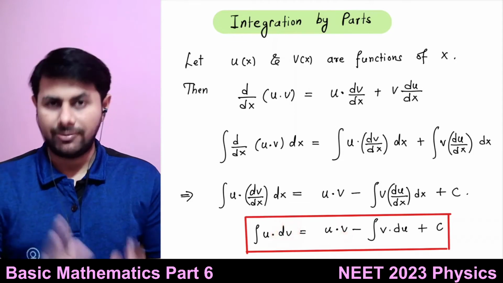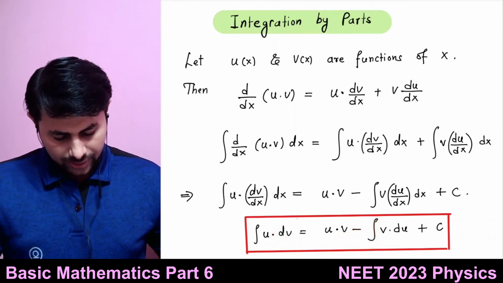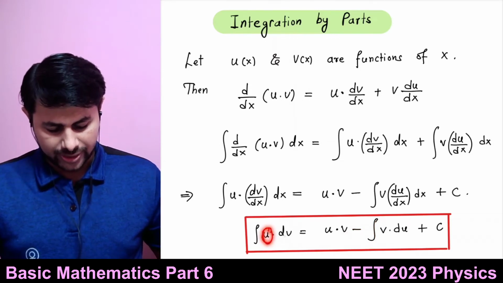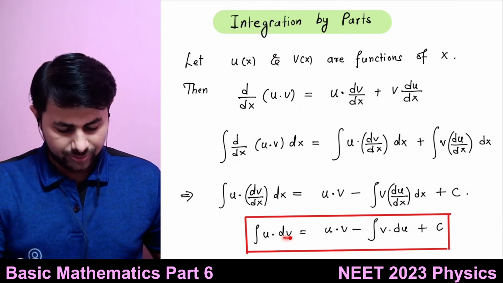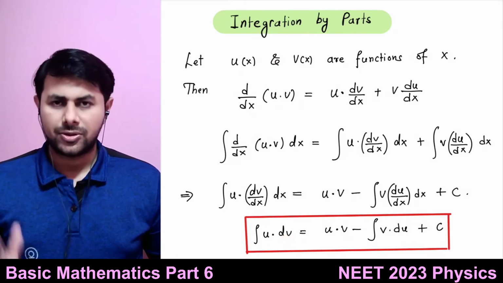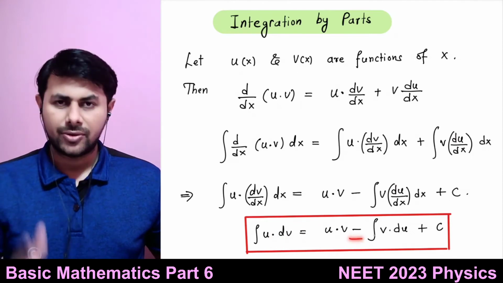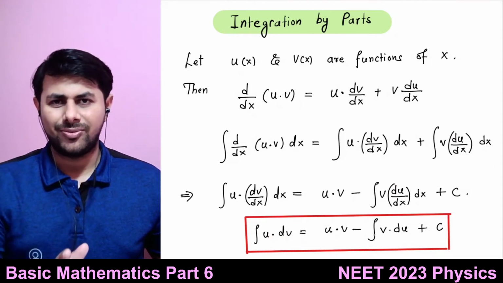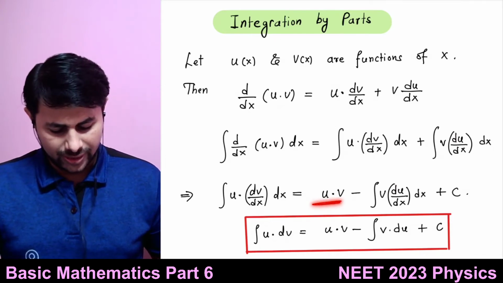It is u times v minus, I will take the derivative of the first function and multiply it by the integration of the second function. So the integration of u dv is equal to u times v minus the integral of v du, plus c, because we have done this integral.